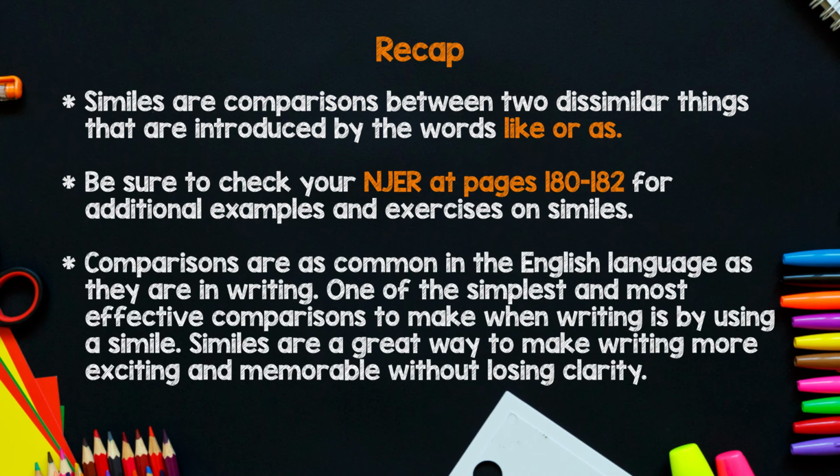So boys and girls of grade 5, comparisons are as common in the English language as they are in writing. One of the simplest and most effective comparisons to make when writing is by using a simile. Similes are a great way to make writing more exciting and memorable without losing clarity.